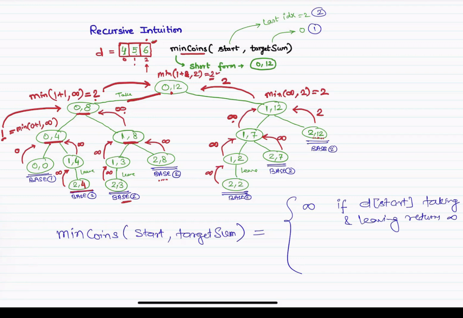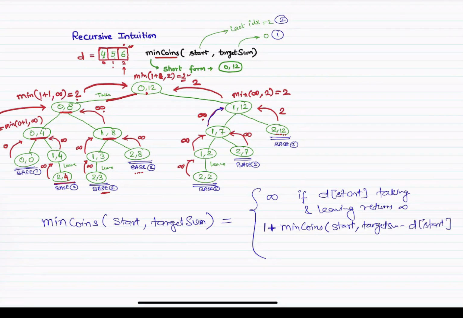Now, imagine if only the left side returned a value, the right side did not return a value, the right side returned infinite, then we would say the answer would be 1 plus taking answer. This is the second option. The third option would be if choosing a coin does not lead to a solution and leaving the coin leads to a solution. That was the case of 1, 12.